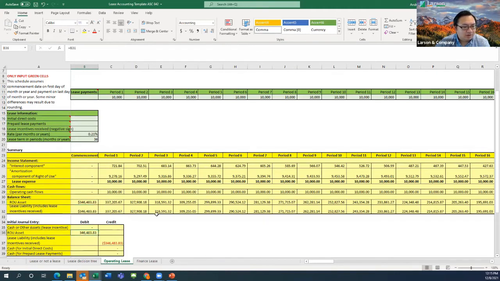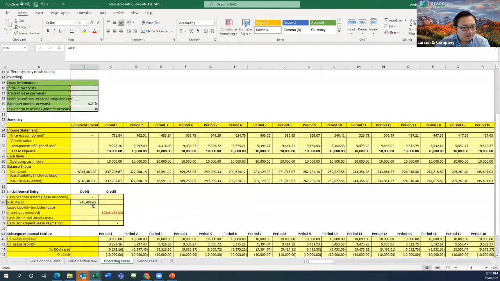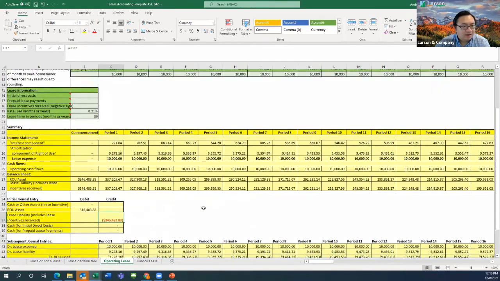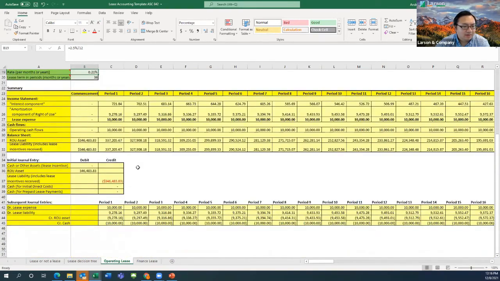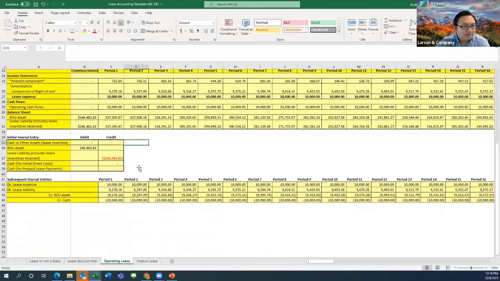Initially, our initial entry will be the $346,000 right of use asset on the books, and then the lease liability of $346,000. This is determined based on the total payments that we have established above, with that 2.5% annual rate divided by 12 to get to the present value of the right of use asset.